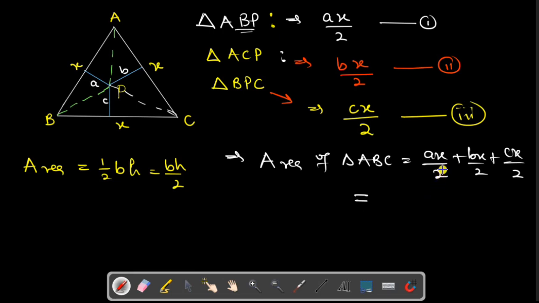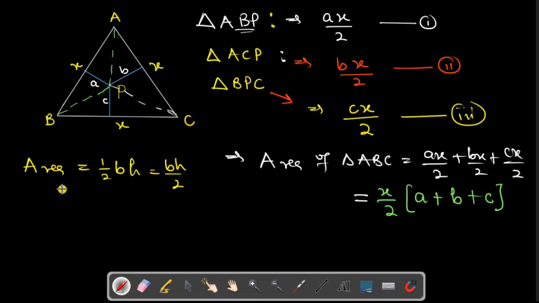Here you can see x over 2 is common, so let's bring out x over 2. We will have x over 2 times a plus b plus c.